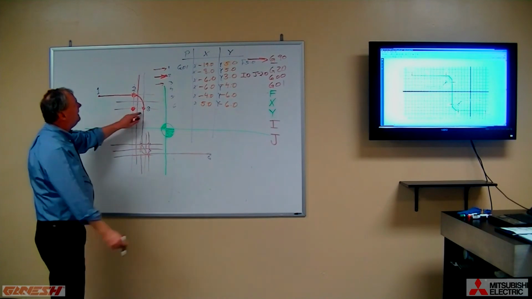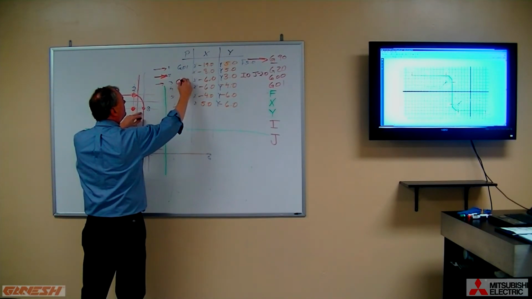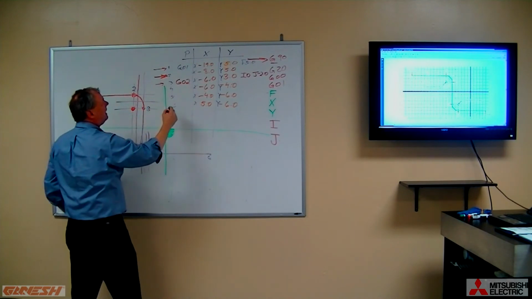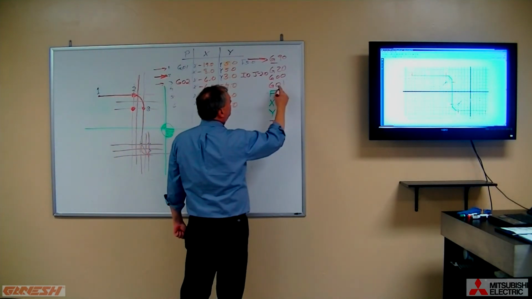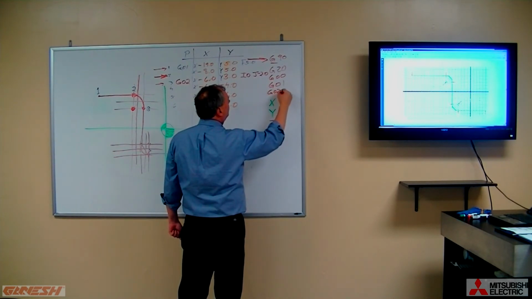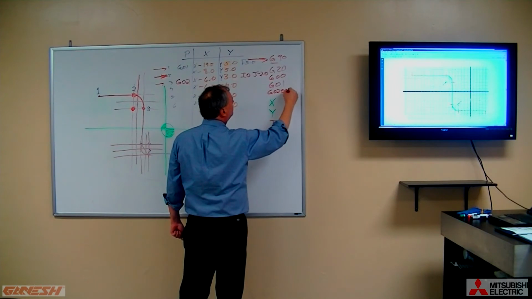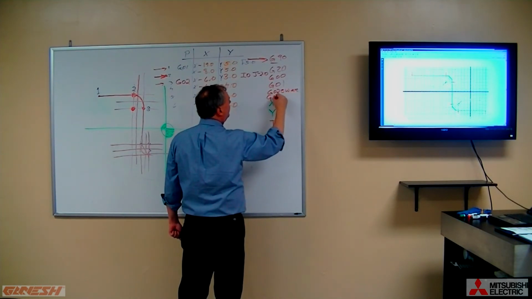And the last thing we have to tell it is what direction we want to go in. G02 for clockwise. So over here we'll say G02 is a clockwise arc. G03 is a counterclockwise arc.